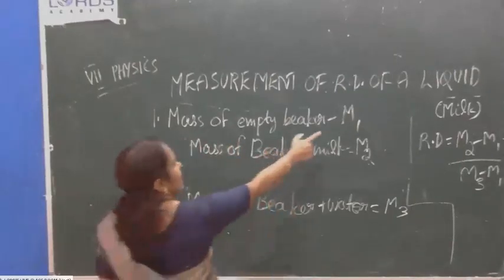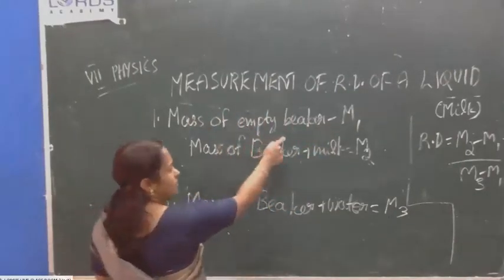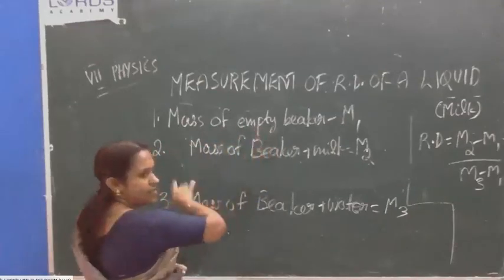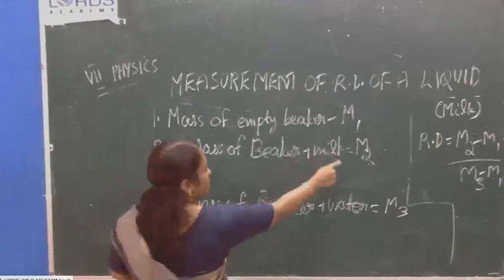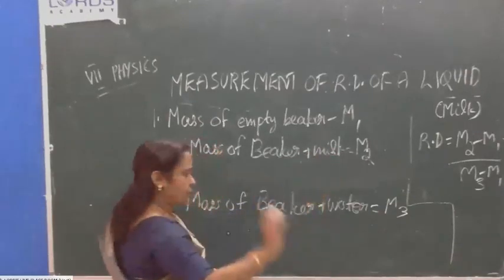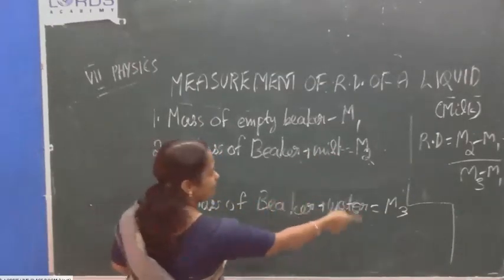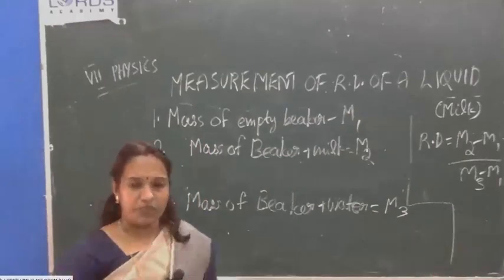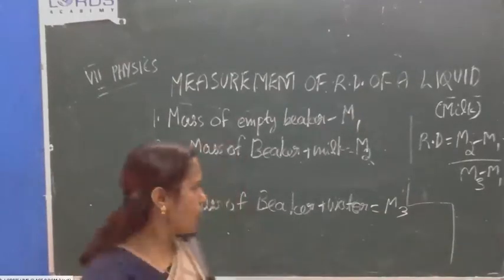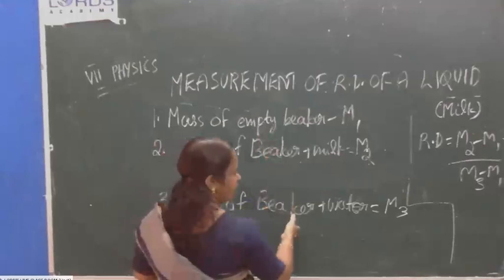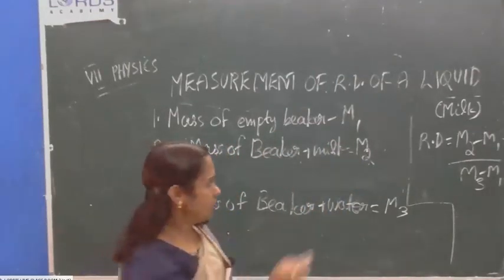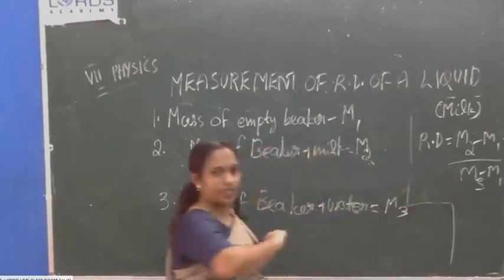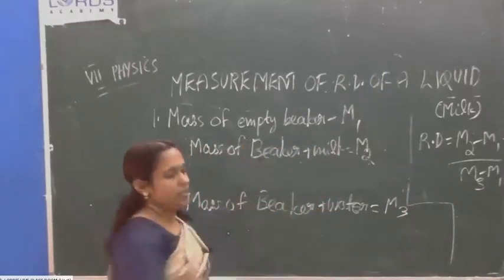So, where M1 is the mass of empty beaker. You can write like this: mass of empty beaker is M1. Mass of beaker with milk, or beaker plus milk, is M2. Mass of beaker plus water is M3. Clear? So these all things will be given in the numerical. You have to substitute in the equation. So this equation you should study with the terms also.